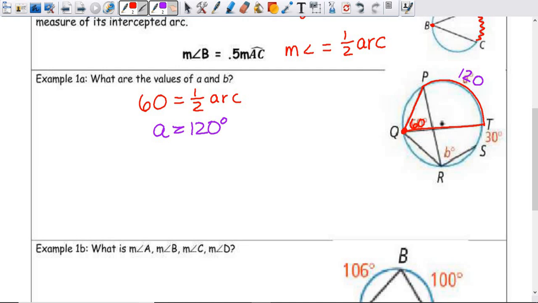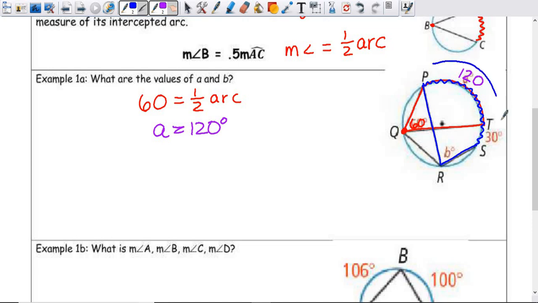Now that's an inscribed angle. We still know central angles are equal to their arc, but inscribed angles are going to be half. All right. Now let's look for what information we can get about angle B. Angle B is right here using those chords, which means it has to use all of this arc.